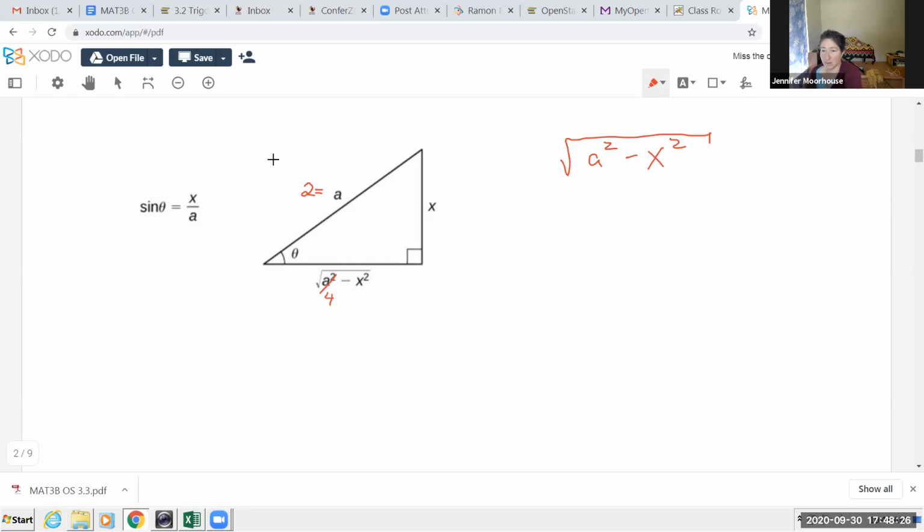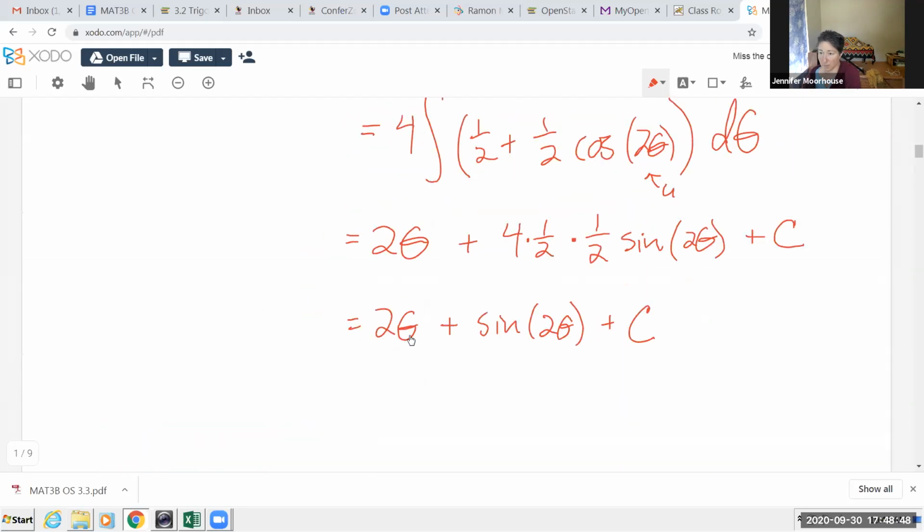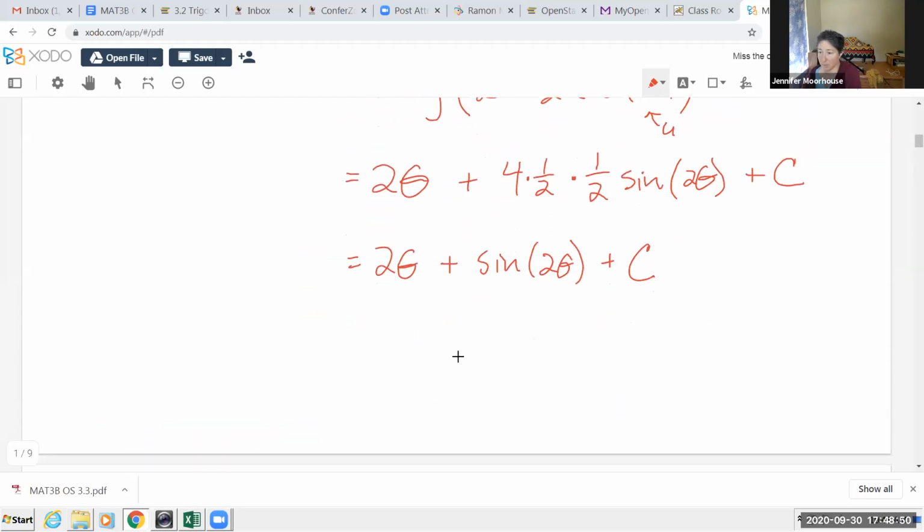And so sine of theta is x over a, which means that theta is the sine inverse of x over a, or x over, in our case, 2. And so that gives us something we can sub in back here.